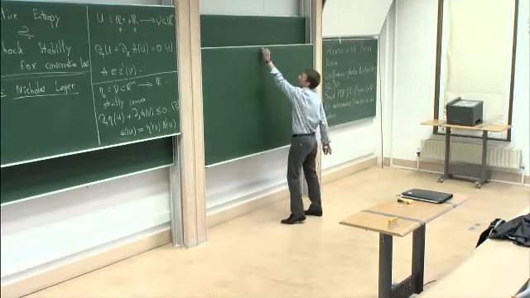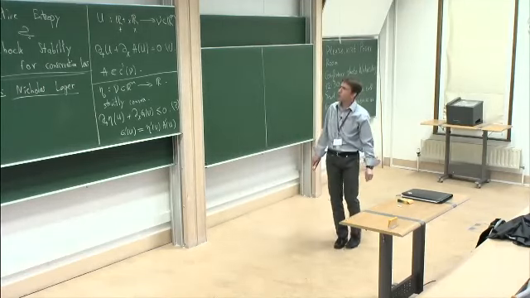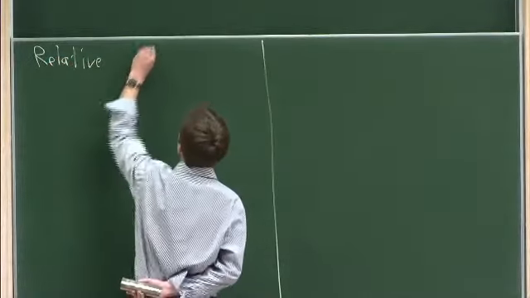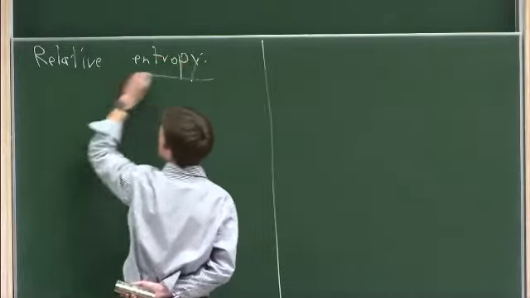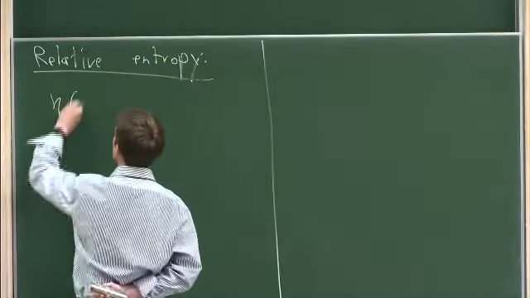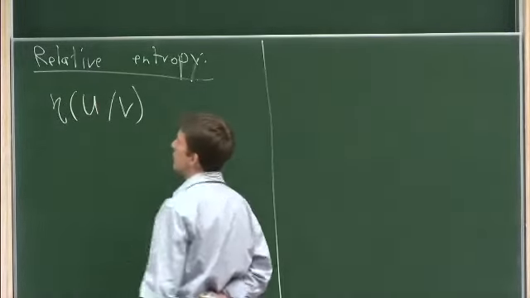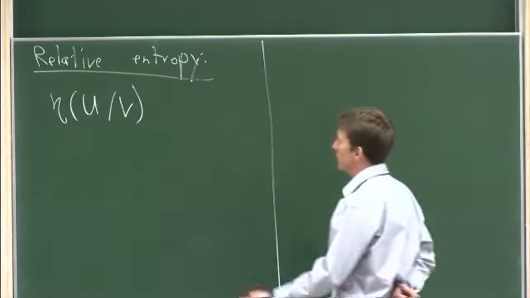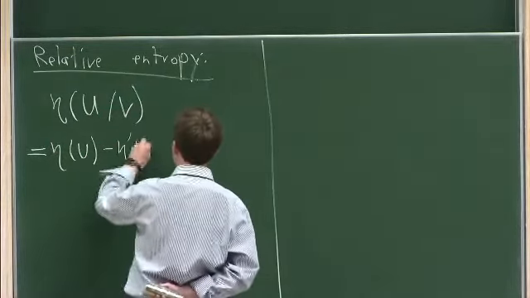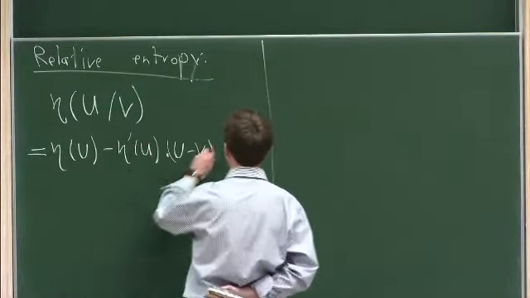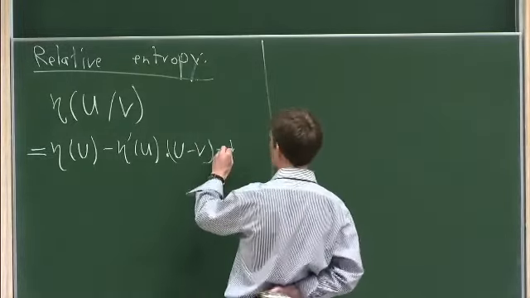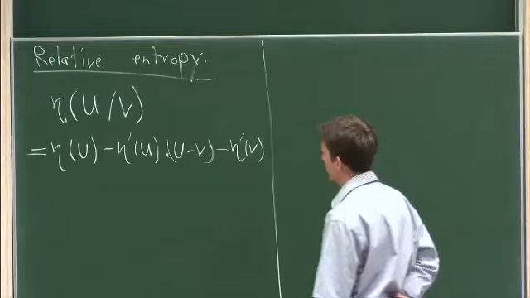And from that, I will introduce the relative entropy, which again is a very standard thing. So this is the relative entropy of some state with respect to another one, with u and v in U. And by construction, this is eta of u minus eta of v, minus eta prime of v times u minus v. Sorry, I was confused, so let me write it down the correct way, the usual way.